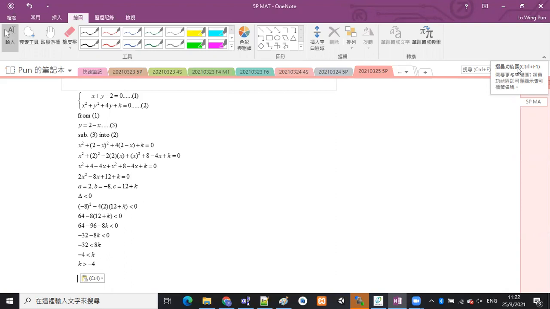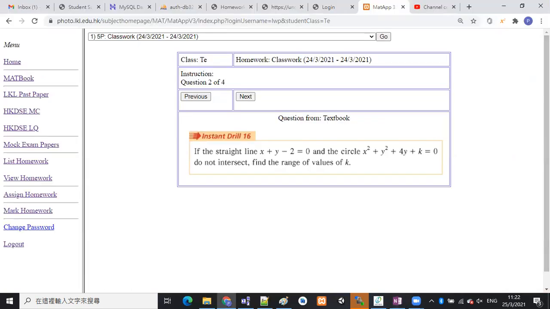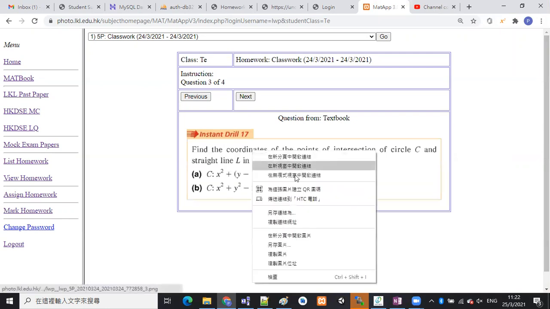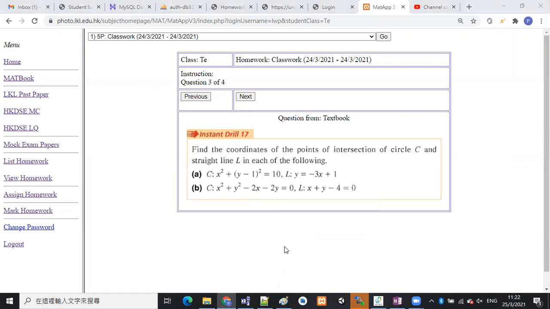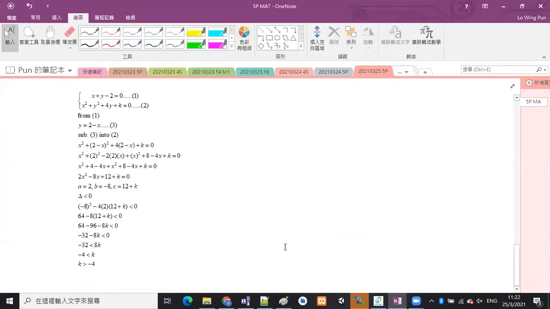Okay, maybe let us do the instant drill number 17 part A together, and then I leave part B for you as exercise. Okay, let's go to instant drill number 17. We do part A together.